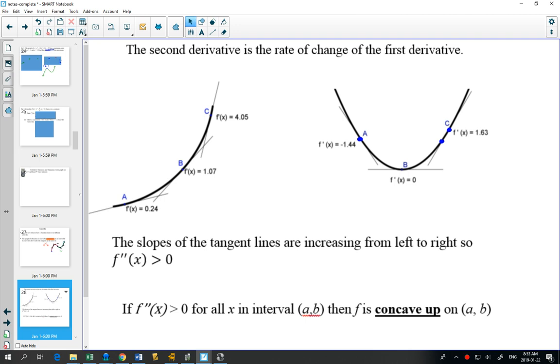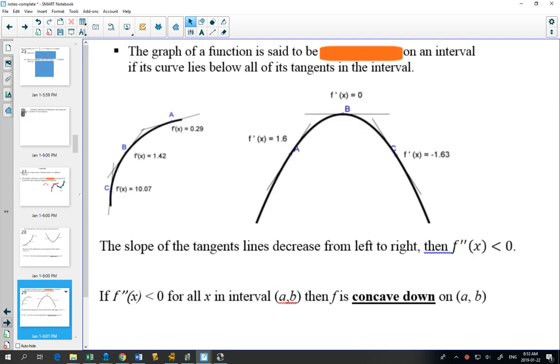Because whenever you plug something into a derivative, it tells you how things are increasing in the function before that. And if our tangents are increasing, then it's telling us that our original function was concave up.